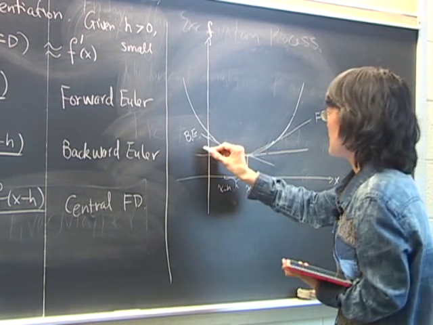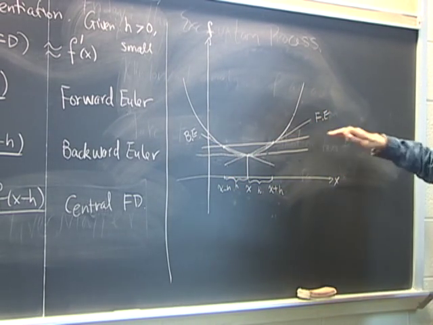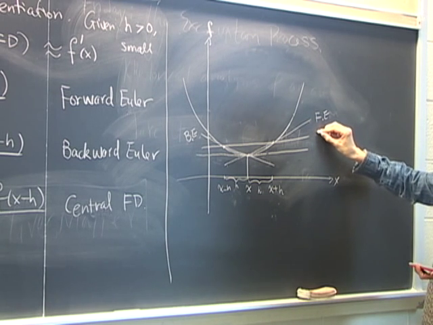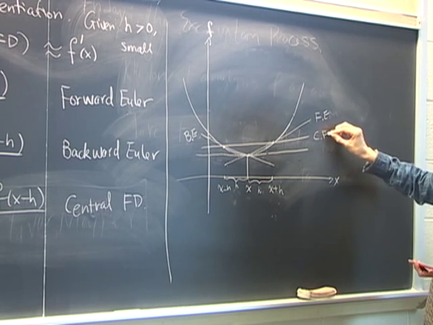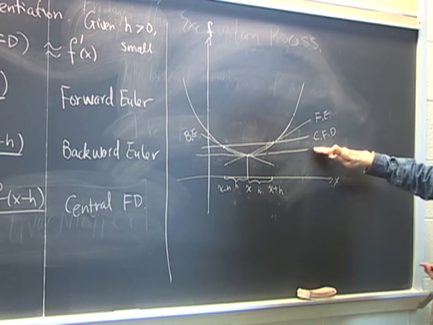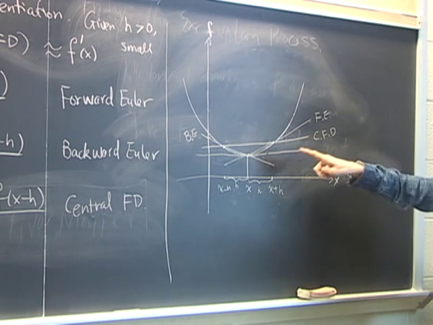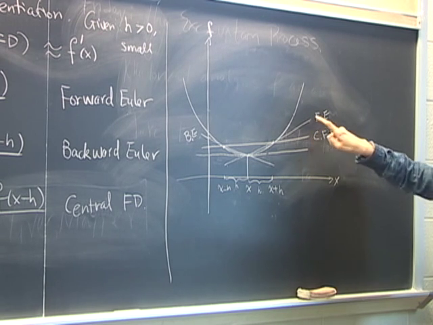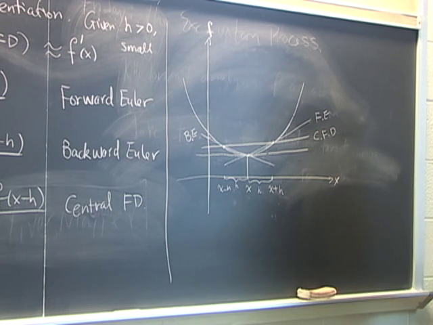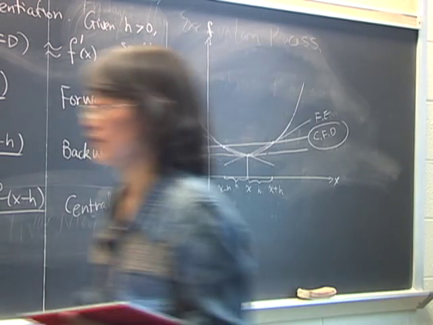So it's taking a secant line that goes through these 2 points and says the slope of this line, that's the central finite difference, is a good approximation to the slope of that line. At least in this picture, that guy looks better than the other 2 choices. Do we agree? They seem to be a better one. Okay. We'll do some analysis of that.